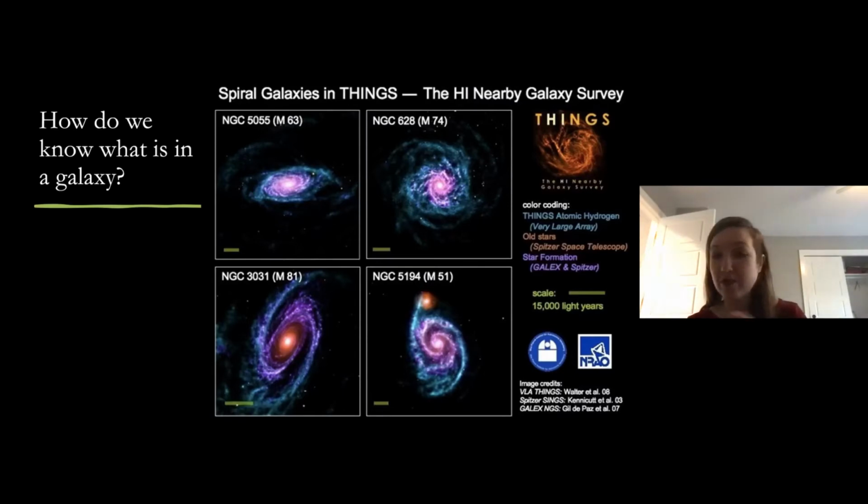Historically, this is how we've learned about not just galaxies, but individual stars, even planets now. We look for the light that those objects emit, and the different types of light tell us about different parts of those bodies.